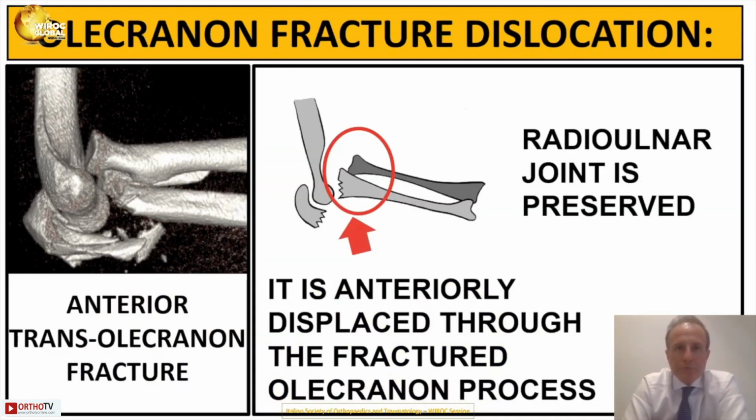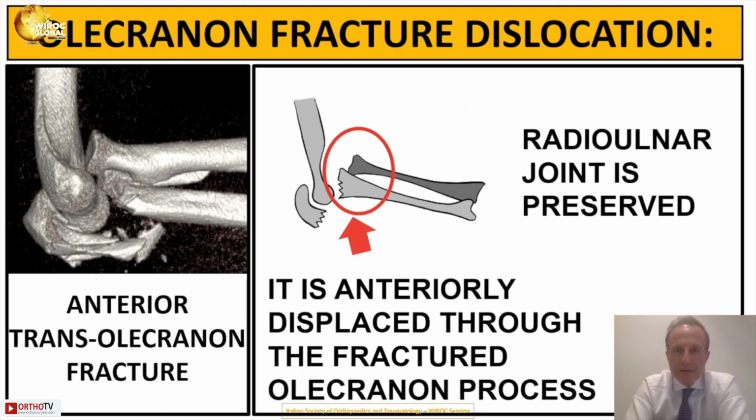The olecranon fracture dislocation. In this group are included the anterior transolecranon fracture dislocation, in which, as a result of direct trauma on the proximal ulna with the flexed elbow, the trochlea of the distal humerus appears to have fractured through the olecranon process as the forearm displaced anteriorly.